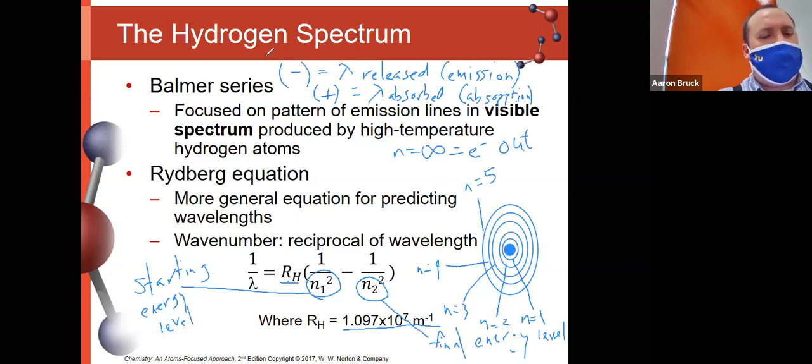I get a value out of that subtraction of 3/4, a positive number, which would mean energy is being absorbed at that particular wavelength to graduate that electron from the first energy level to the second. If the reverse were true, the subtraction would come out negative, and it wouldn't mean that we have a negative energy or a negative wavelength, because no such thing exists. It would just mean that the wavelength of light was emitted instead of absorbed.